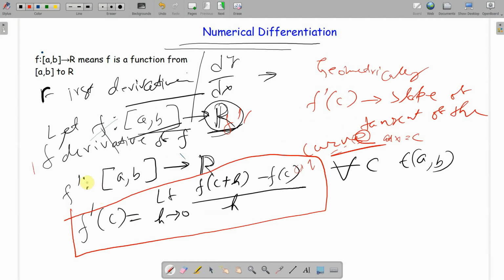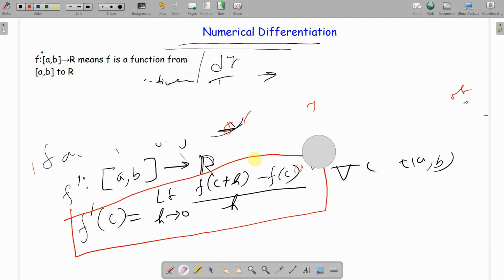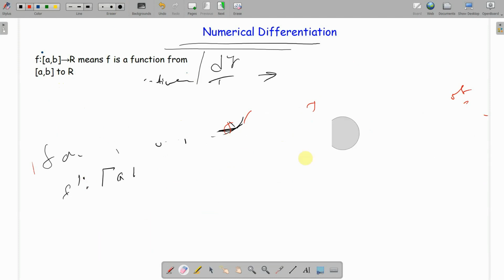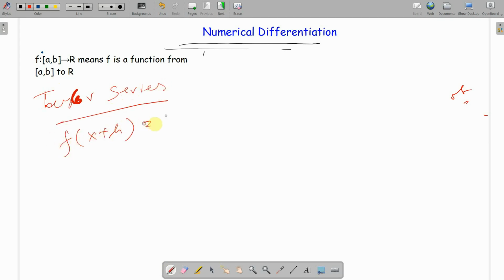And another thing here I will discuss, the Taylor series. So let's talk about the Taylor series. f(x plus h), this is also well known to you, I think, is f(x) plus h by 1 factorial f dash x.